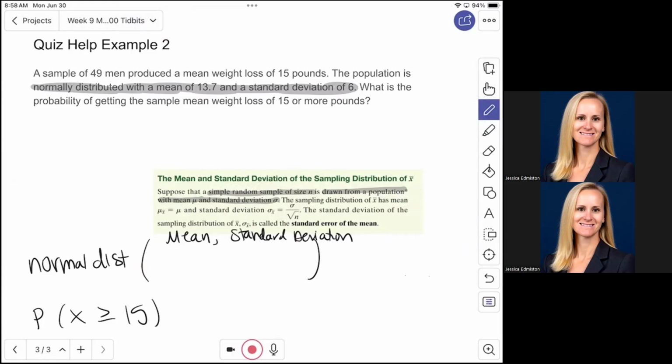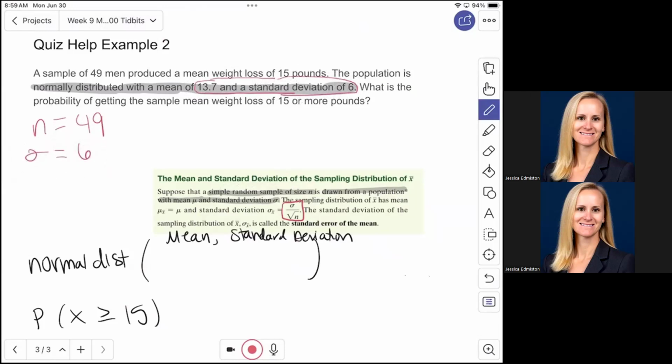So we are going to use the standard deviation divided by the square root of the sample size. In this case, the sample is 49 and my mean is 13.7. That is my population mean with a standard deviation of 6.